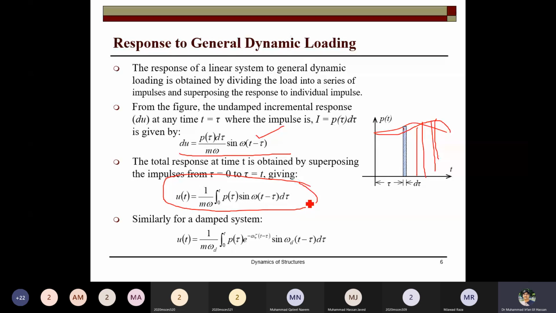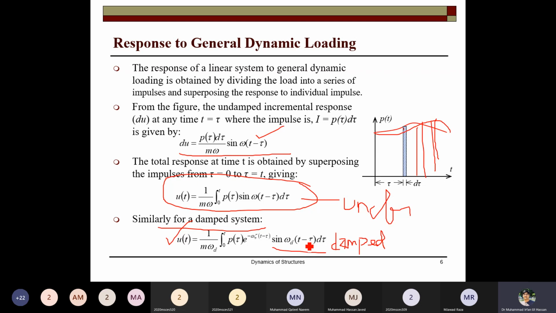This is for the undamped system, and this is for the damped system. You can find the response for the damped.